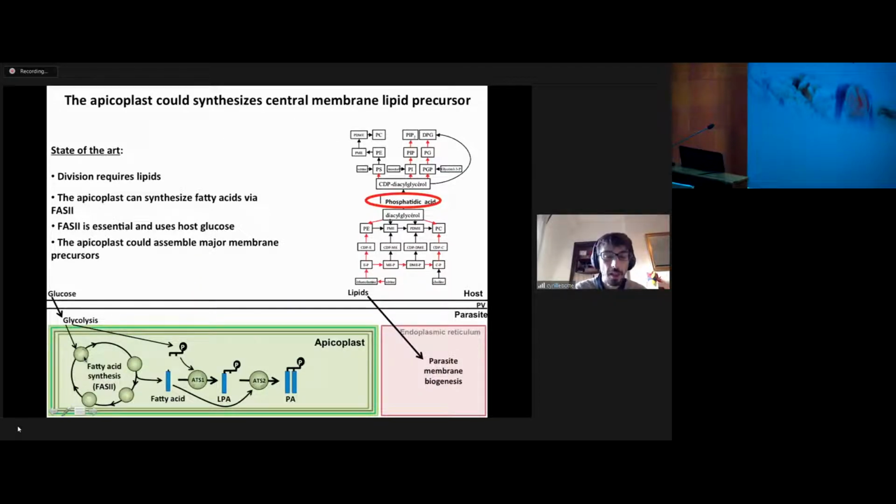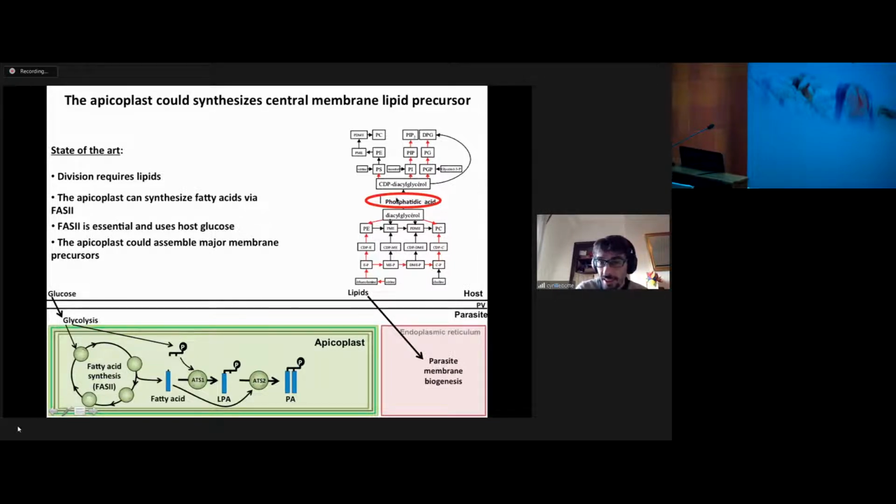On top of the FASII pathway, the apicoplast also harbors two acyl transferases homologous to the plant chloroplast enzymes named ATS1 and ATS2, which are sequentially capable of esterifying a fatty acid onto a glycerol 3-phosphate backbone in a two-step pathway, forming lysophosphatidic acid and then phosphatidic acid.